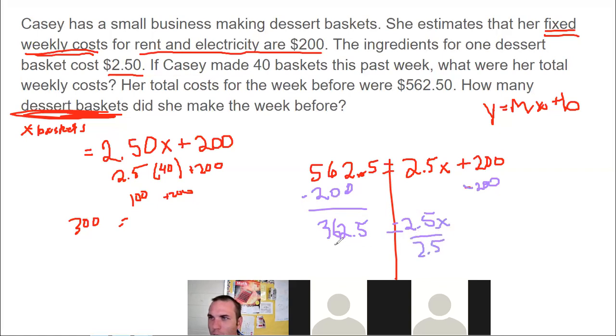Divide both sides by 2.5. That's 145. So X is equal to 145. If she sold 145 baskets, her total cost would be $562.50.